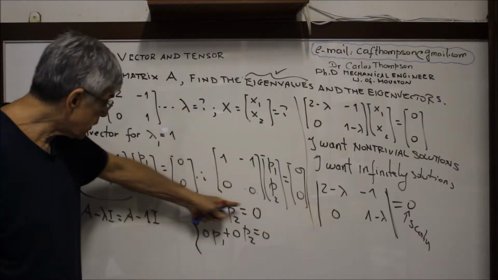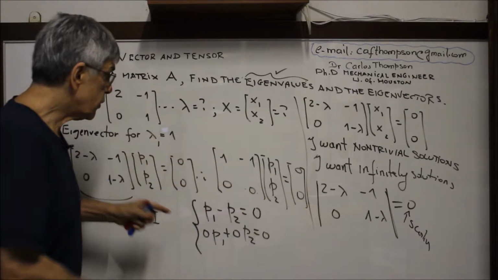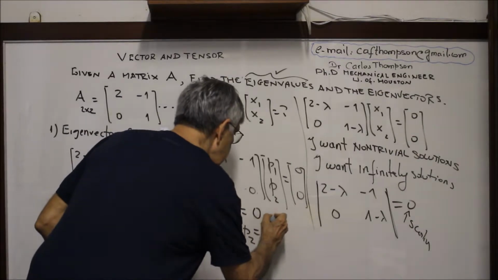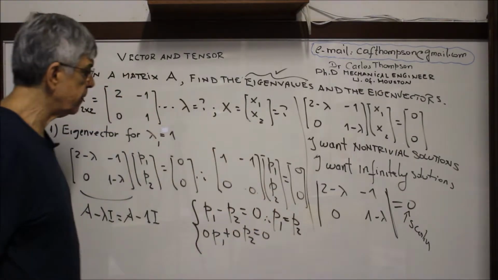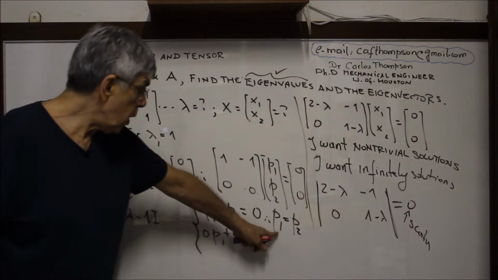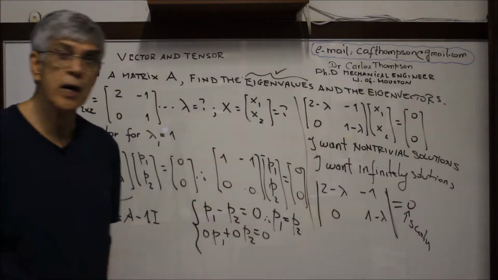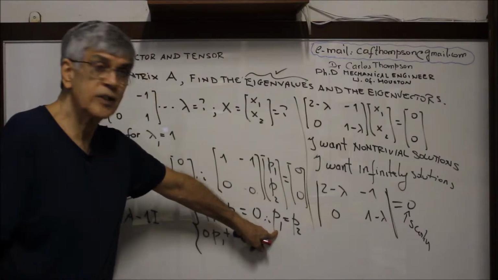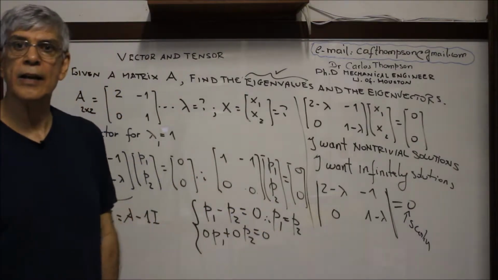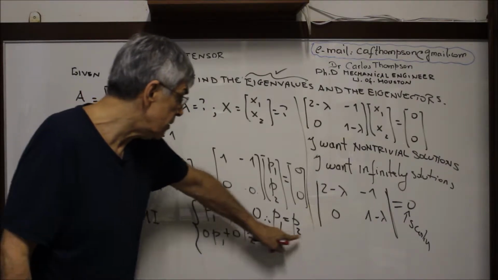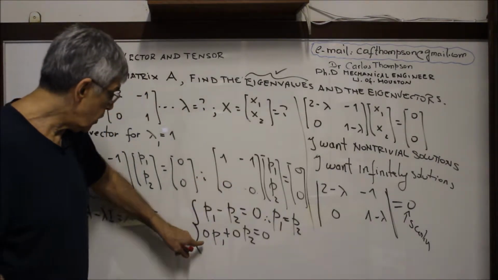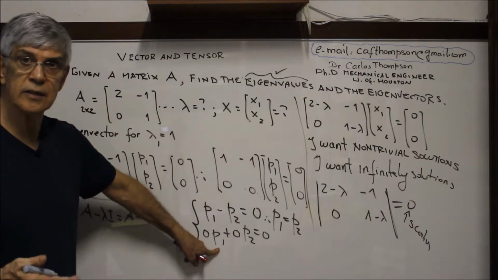But it has to satisfy the first equation, and in the first equation, P1 must be equal to P2. If P1 is 100, P2 will be 100. If P1 is minus 10, P2 is minus 10. Then 0 times minus 10 plus 0 times minus 10 is 0.